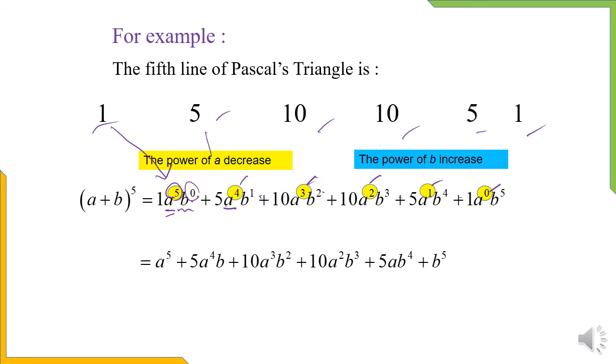Okay, we just have to put the coefficients accordingly. So the result is a to the power of 5 plus 5 multiplied by a to the power of 4 b plus 10 a to the power of 3 b squared plus 10 a squared b cubed plus 5 a b to the power of 4 plus b to the power of 5.